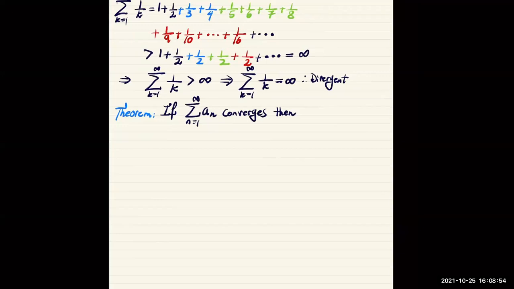If you have a convergent series, then, and this is just common sense also, the terms of the series get smaller and smaller. Just think about it. If a series is convergent, then the terms of the series must get smaller and smaller and get close to zero. The limit as n goes to infinity of a sub n is equal to 0.